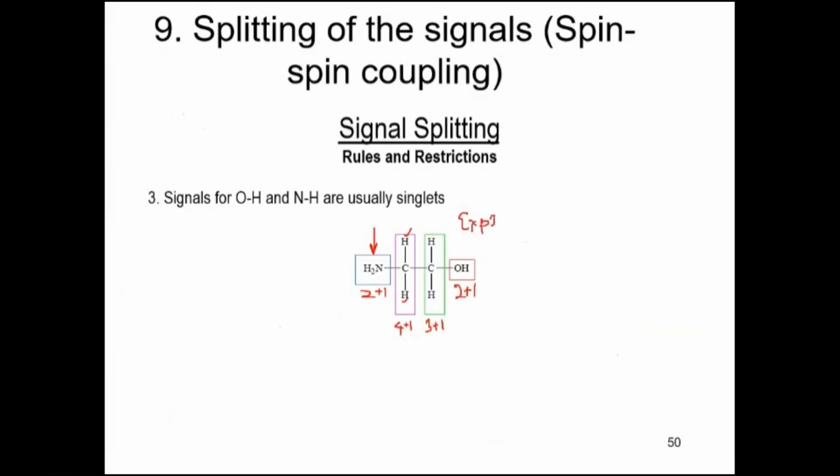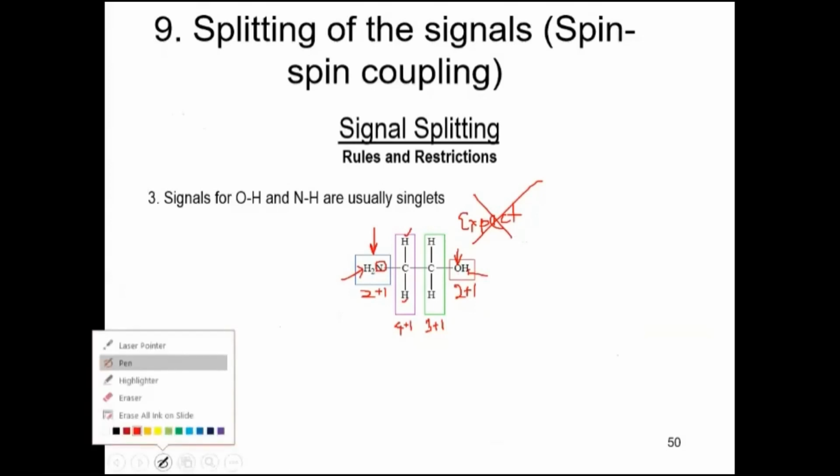But in reality, this is not observed. These heteroatoms, atoms other than carbon, are way more electronegative than carbon. Because they are electronegative, they pull the electrons from these hydrogens very strongly, and that's why the coupling pattern usually differs for them.